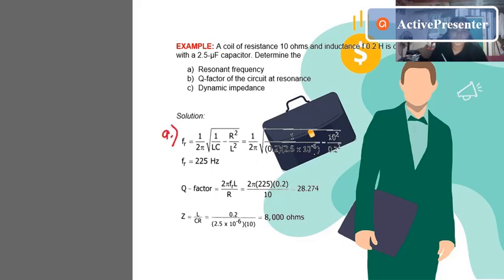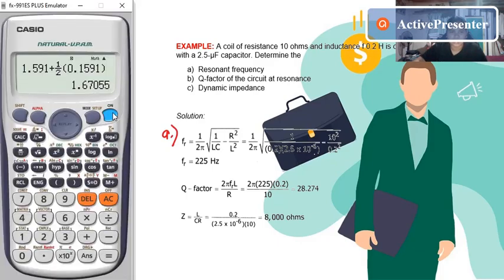So formula is Fr is equal to 1 over 2 pi multiply with the square root of 1 over LC minus R squared over L squared. Since given tanan, so substitute ra nato. So 1 over 2 pi multiply ang square root of 1 over LC nato is L is 0.2 Henry.